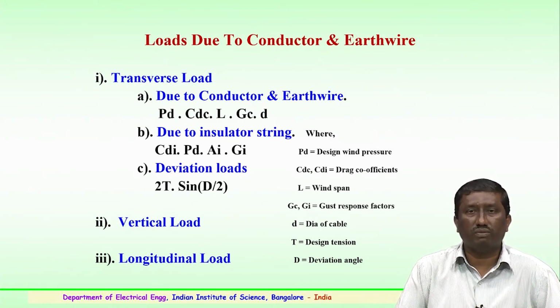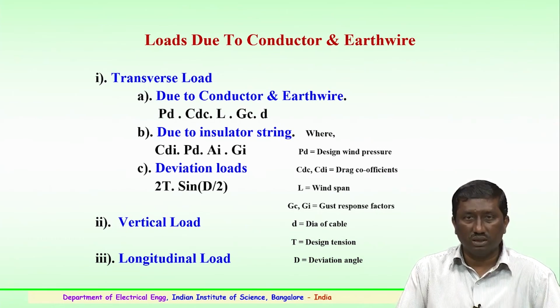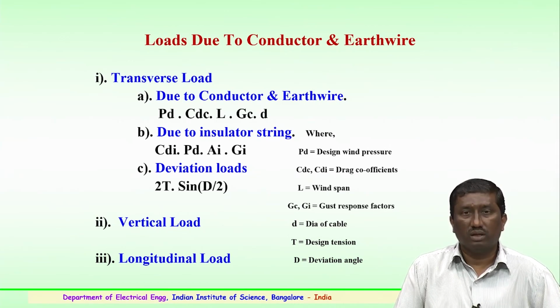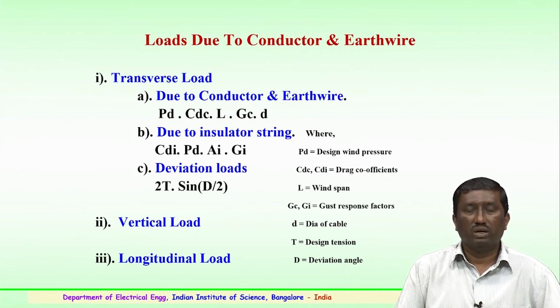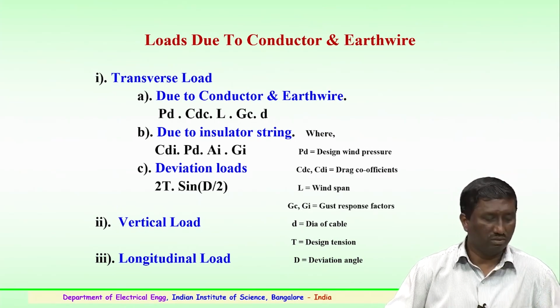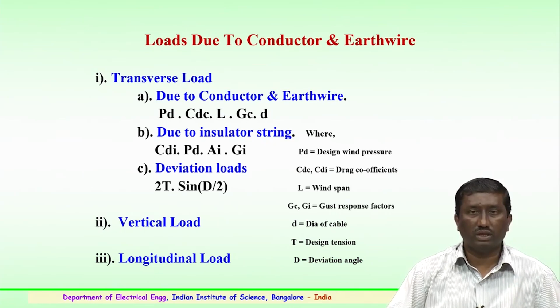Several of these factors have to be considered to estimate the actual load the tower sees, and depending upon the tower loading, the foundations have to be thought out and estimated, so several of these factors have to be considered for the foundation aspects.